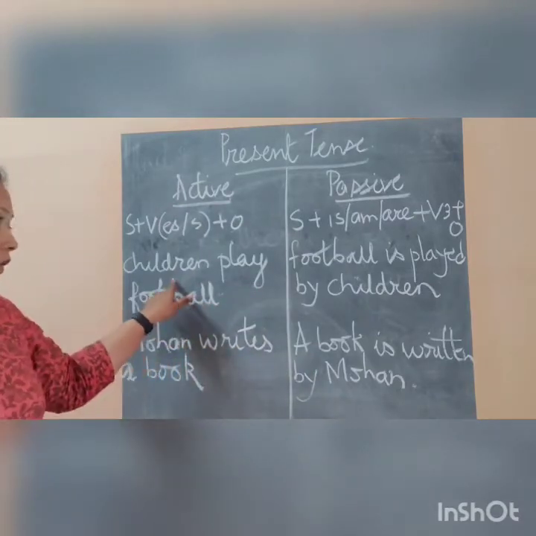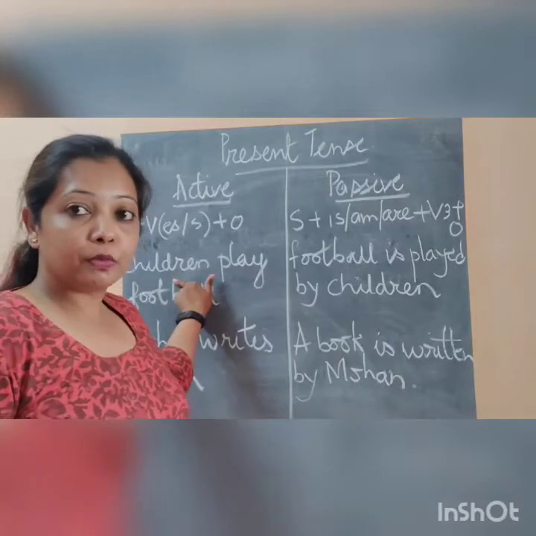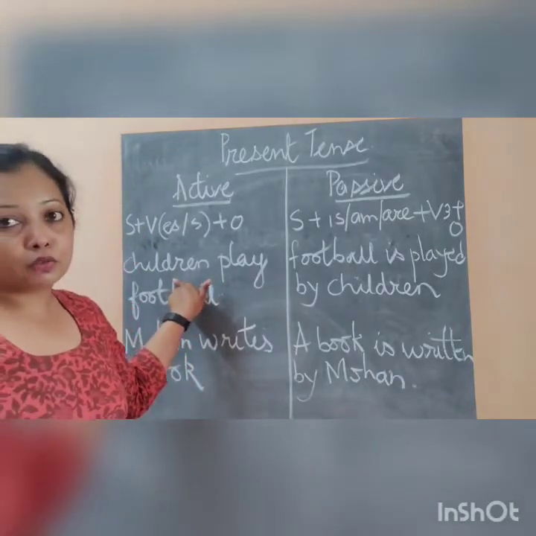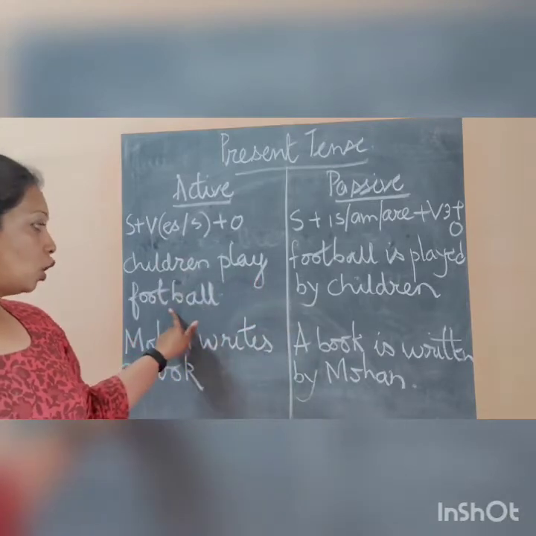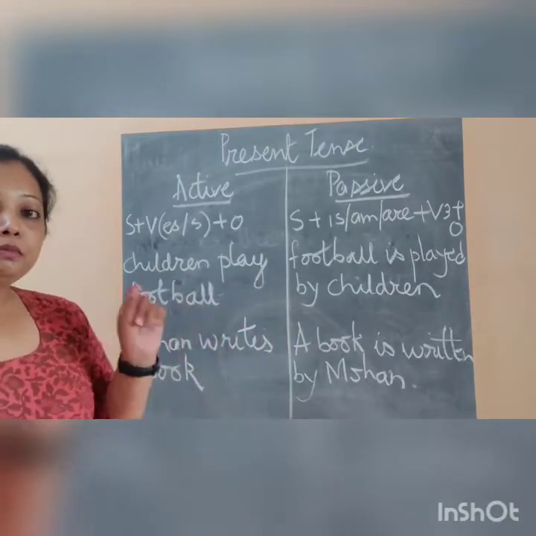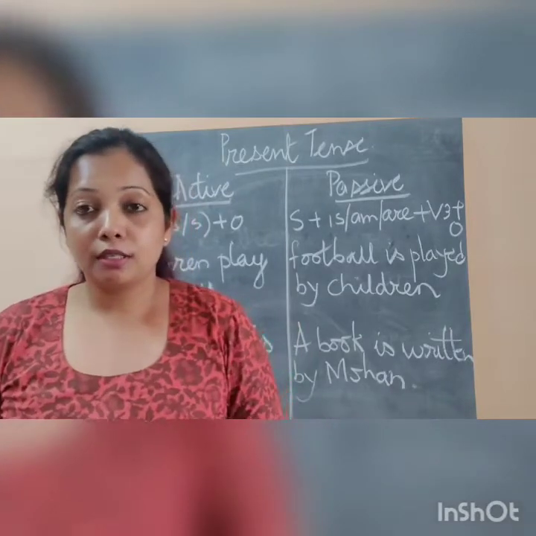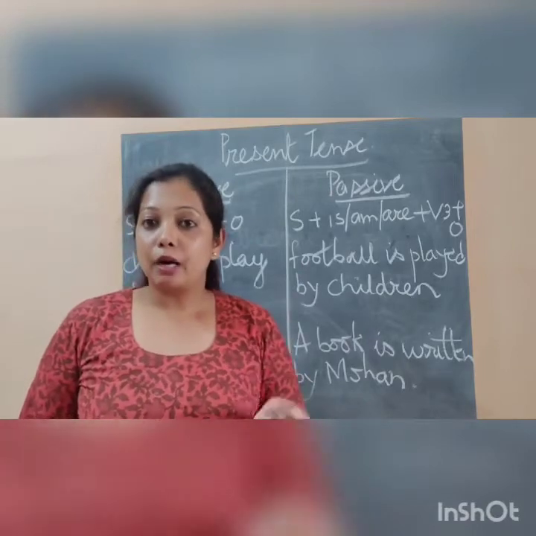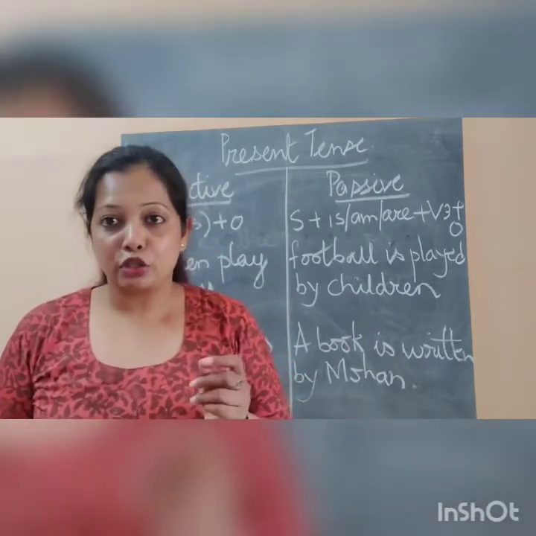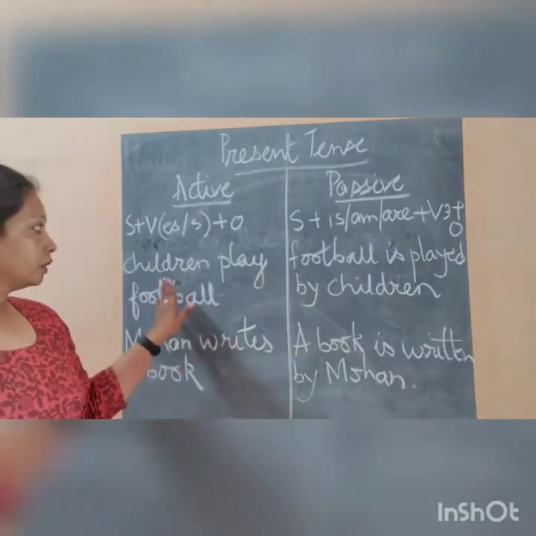Children, you can mark with me as you write. You can write in your notebook also so that it is practice for you. Subject, verb, object. Okay. Now what I said, the subject becomes the object and the object becomes the subject, right? And there is a preposition in between. Now, see how.